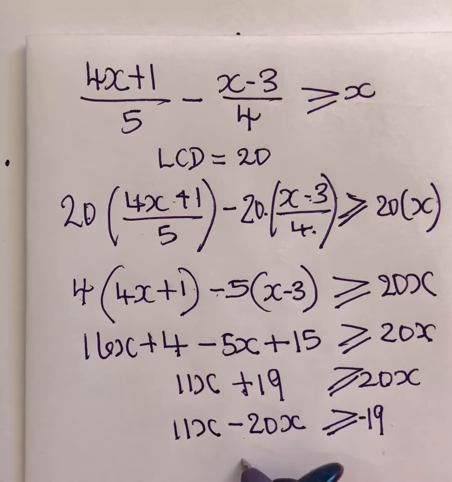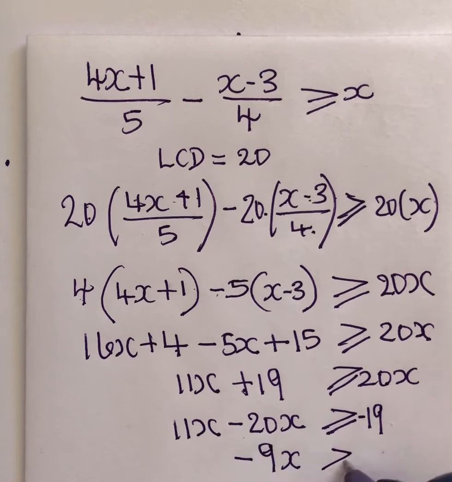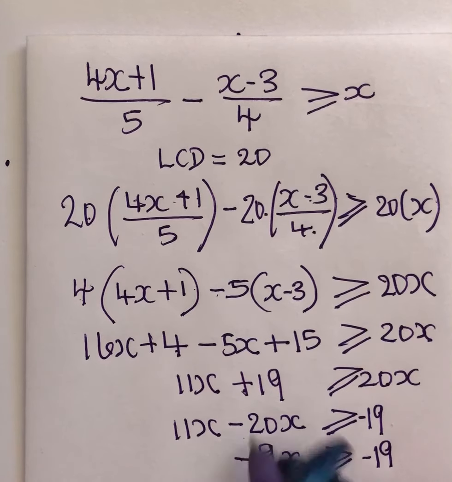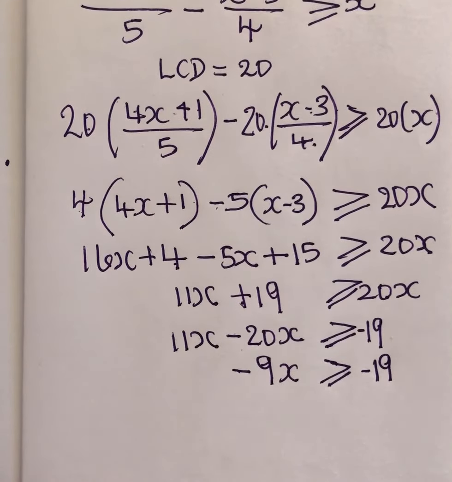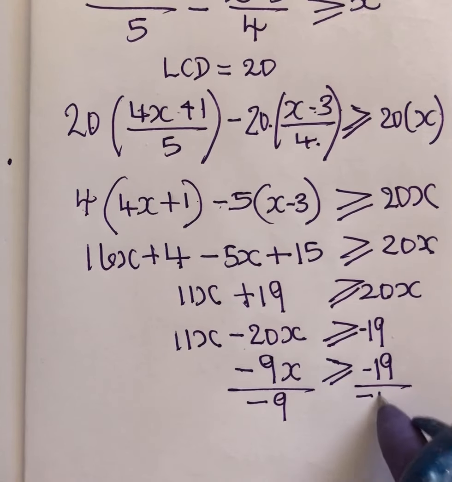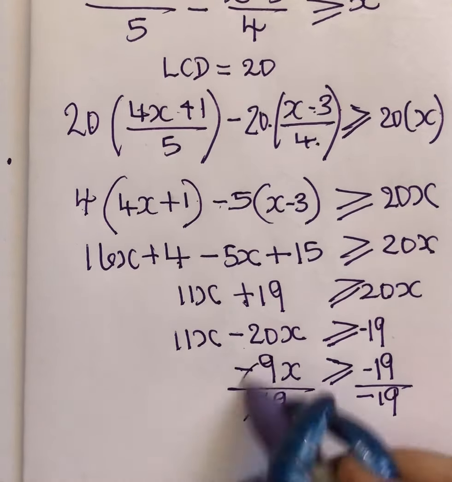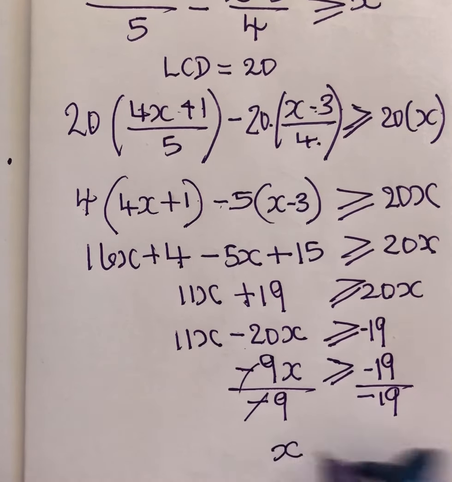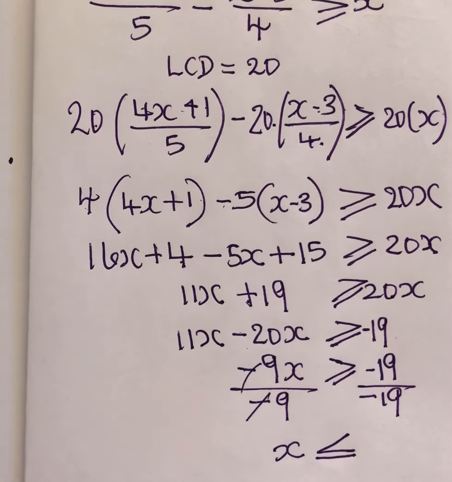11 minus 20. When signs are different, we subtract and our answer takes the sign of the larger number. So that's how we got negative 9, right? Now, this is the rule here. When we are dividing by a negative number, the rule is we change the direction of the sign.